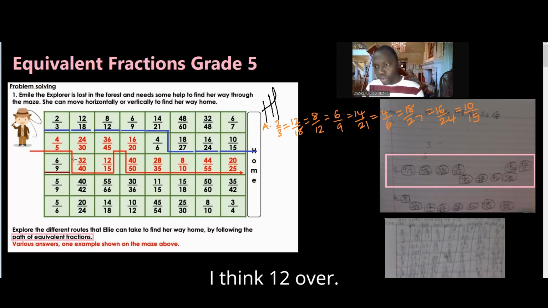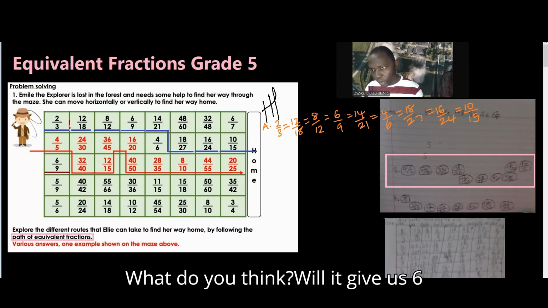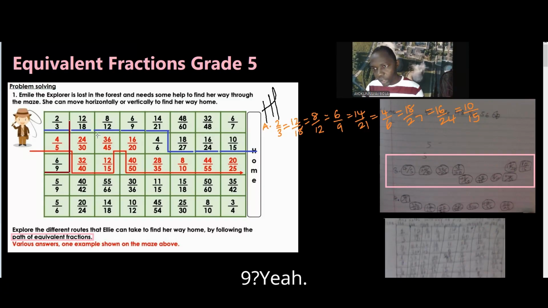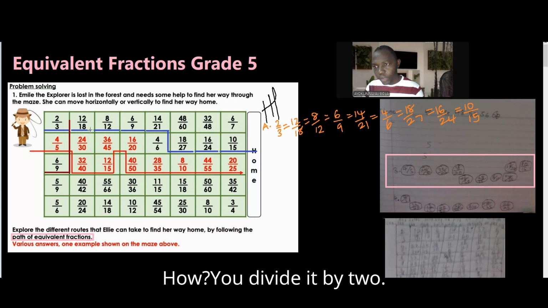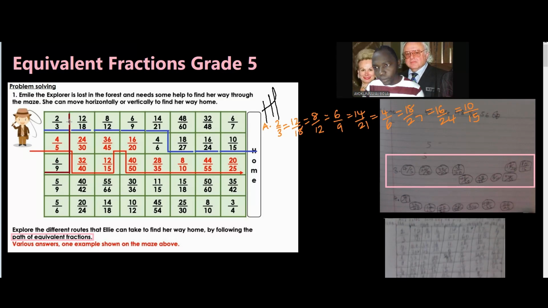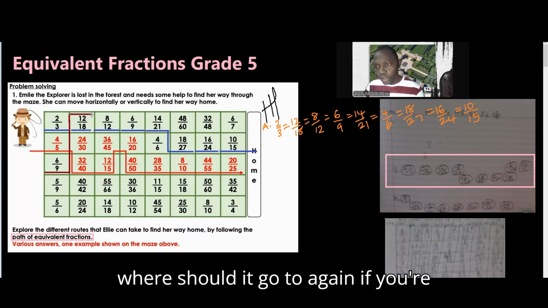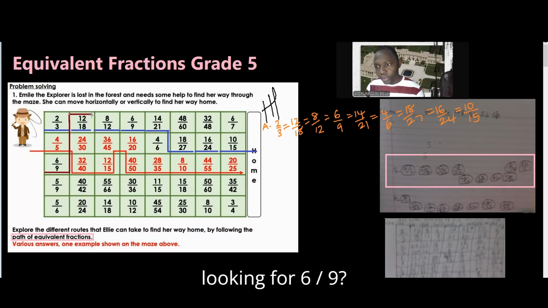I think 12 over 18. What do you think? Will it give us 6 over 9? Yeah. How? You divide it by 2. 2 in 12 is 6, and 2 in 18 is 9, right? Right. So where should it go if we're looking for 6 over 9?